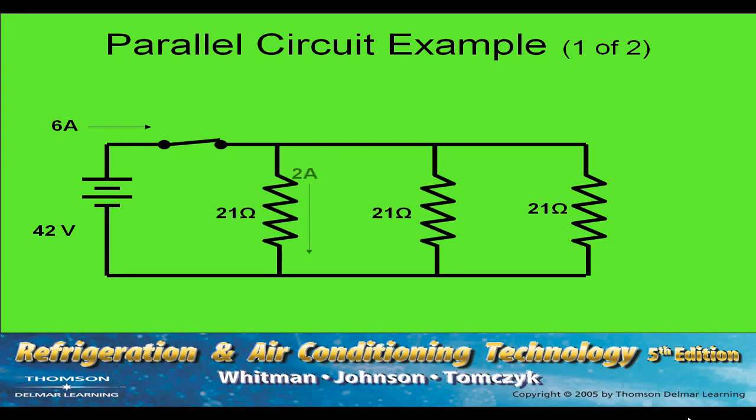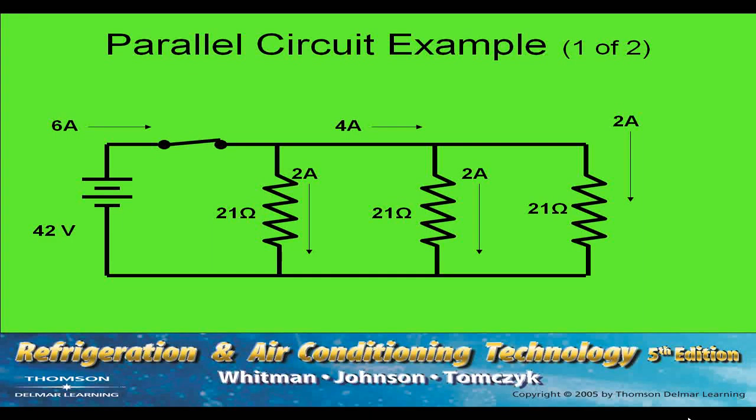Or I can break it down and tell the resistance of each individual circuit. We have 42 volts, 21 ohms. That's going to use 2 amps. 42, 21, 2 amps. That's pretty simple right there.